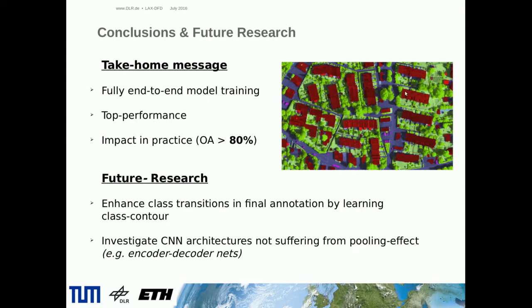So instead of learning a pixel by pixel annotation, we can just learn the contour of the particular class and encode the class transition information between two classes within the edge. And this would probably allow us to have sharper transitions between the classes, to have better outlines rather than focusing on the inside part of each object.